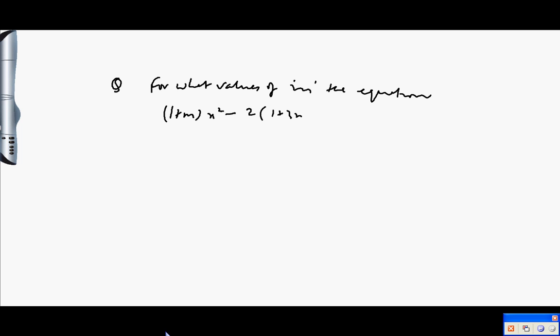For what values of m does the equation 1 plus m x square minus 2 times 1 plus 3m x plus 1 plus 8m equal to 0 have equal roots?